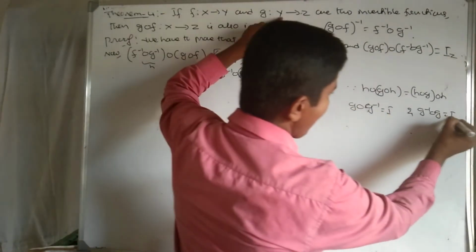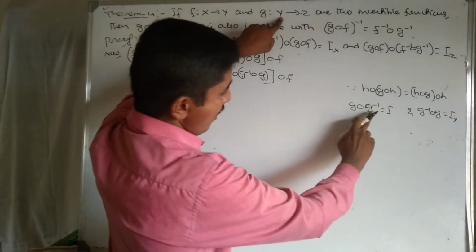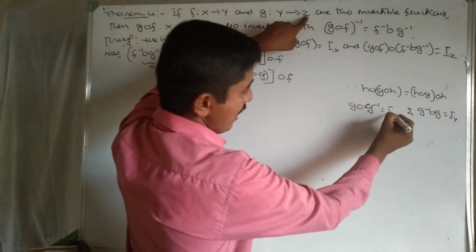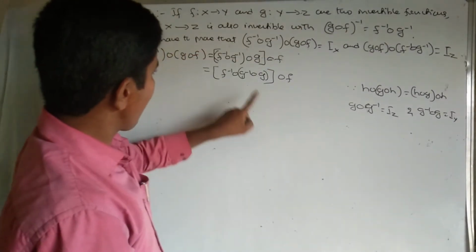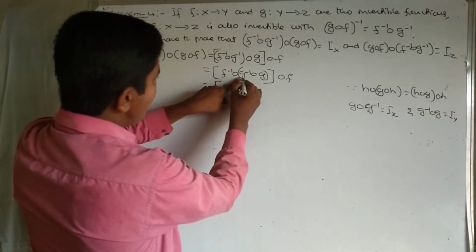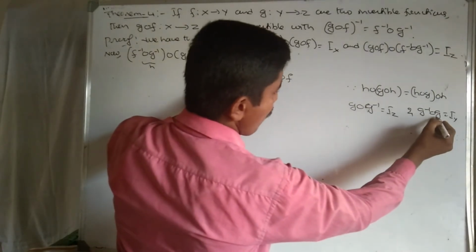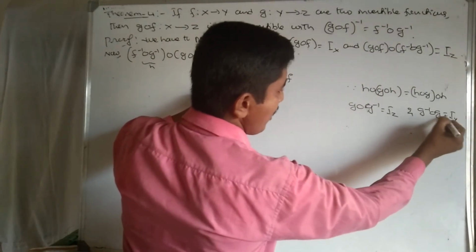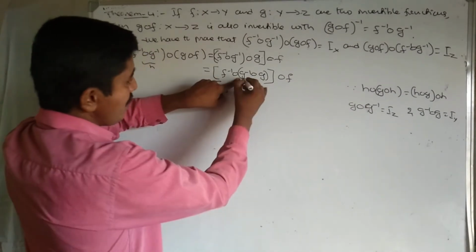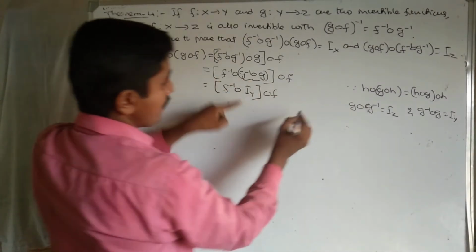Y. I subscript Y. And G inverse domain: G domain Y means G inverse domain Z. Here F inverse O, G inverse OG. G inverse OG equal to I, G domain Y. I subscript Y. This value, the OF as it is.